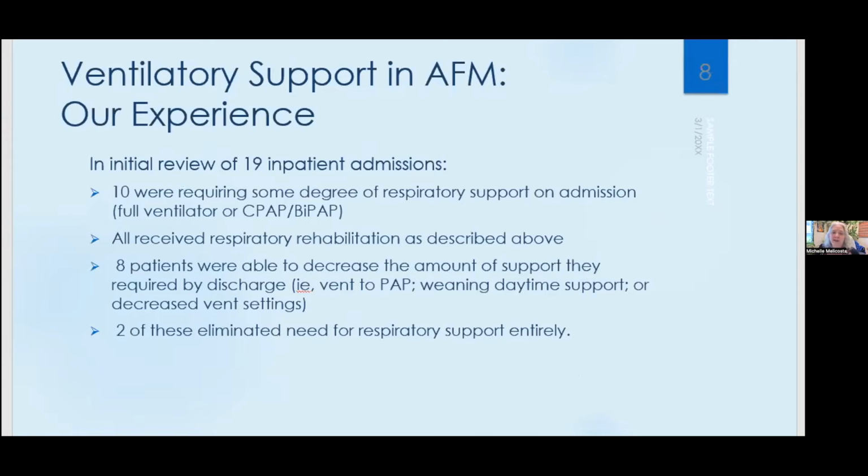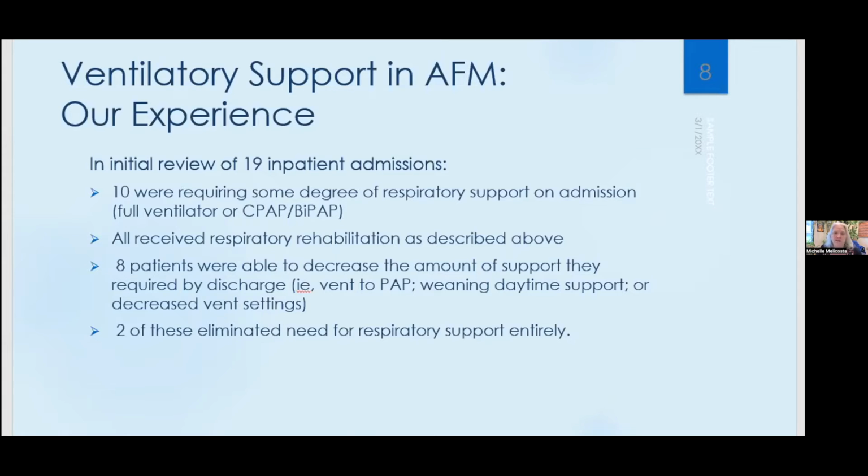So we had done an initial review of our experience with children with AFM who came in. Of our first 19 inpatient admissions, 10 of them were requiring some amount of respiratory support on admission. That could be being on full positive pressure ventilation or on CPAP or BiPAP.